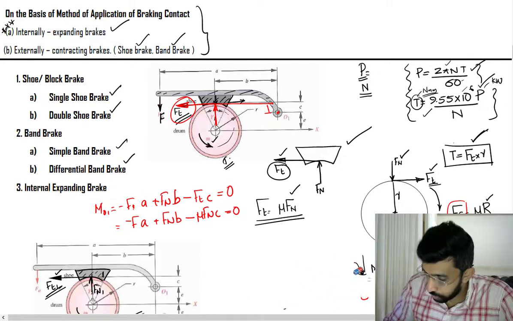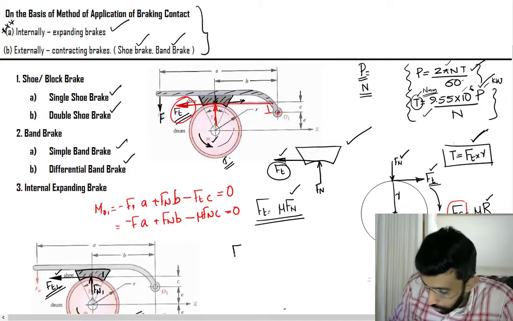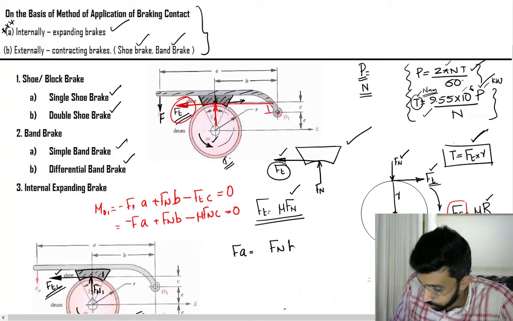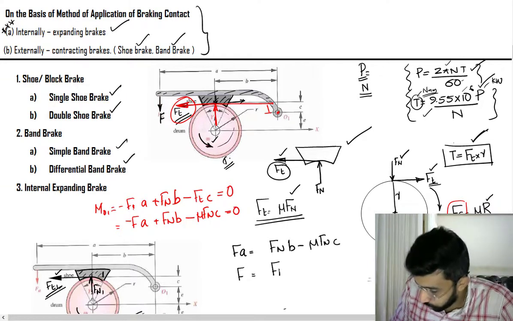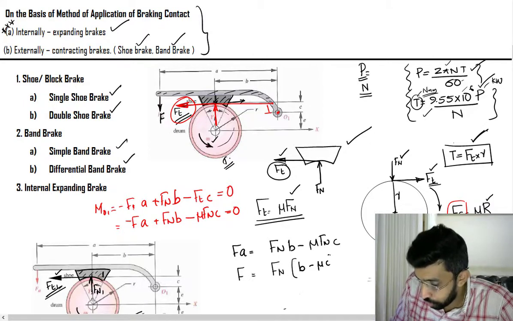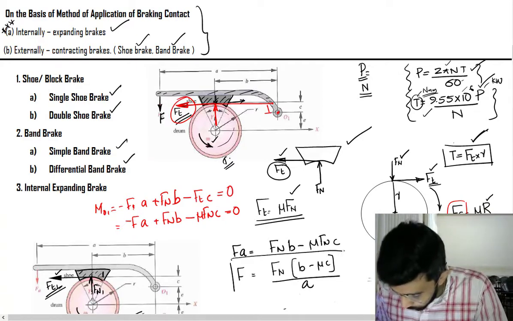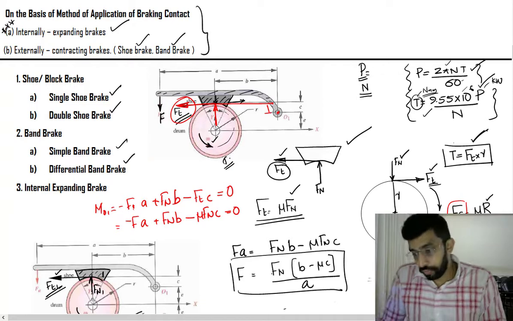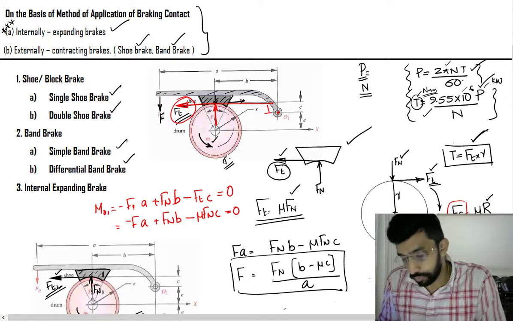I will rewrite this equation as F into A equal to Fn into B minus mu into Fn into C, right? So the actuating force F is equal to Fn, if you take it in bracket, (B minus mu C) by A. The reason why I explained this one is, this is in terms of Fn, and if you substitute Fn in terms of Ft, this equation will come in terms of Ft.